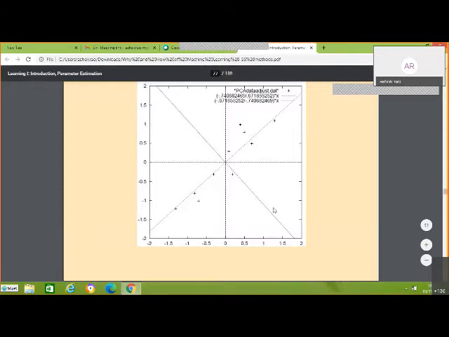Use these coordinates. Use the first eigenvector. Project all the points onto that. See, almost 1, 2, 3, 4, 5. 5 of the 10 points are almost already on that line. So they give you 100% accuracy with 50% reduction in dimension.